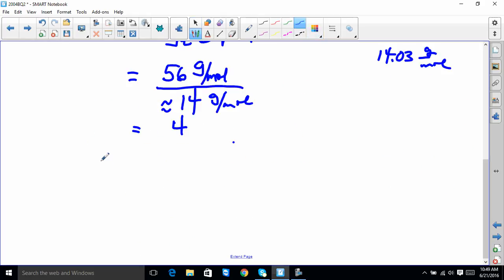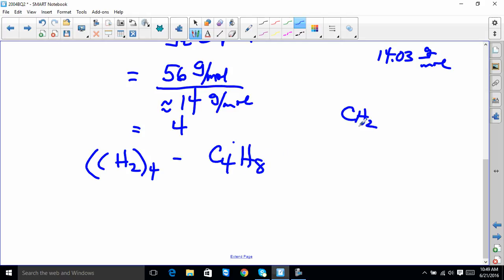You're going to take the empirical formula, which is CH2, and you're going to distribute a 4 through, and so it's C4H8. Which is still a 1 to 2 ratio, like CH2 is a 1 to 2 ratio, but the empirical formula is the reduced formula, and the molecular formula is the real formula.